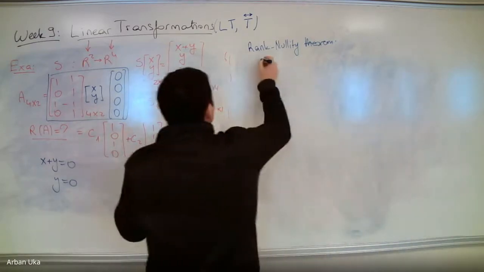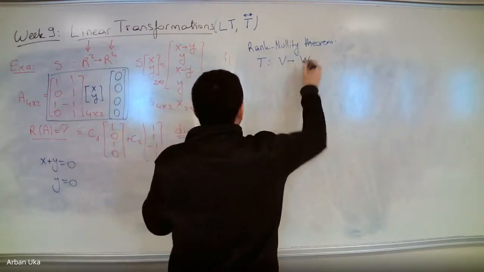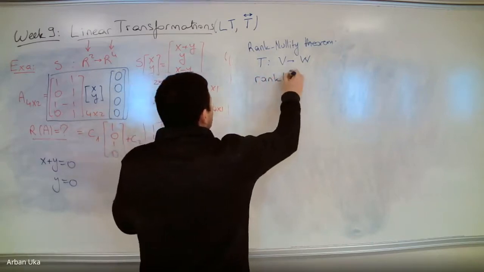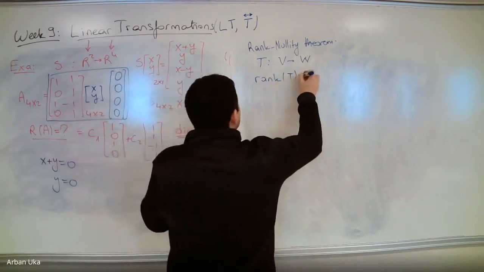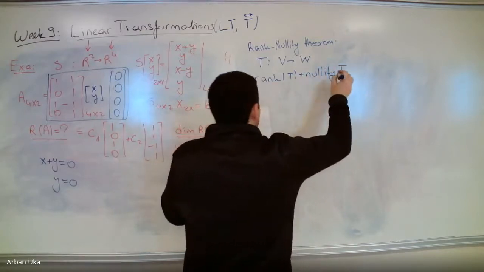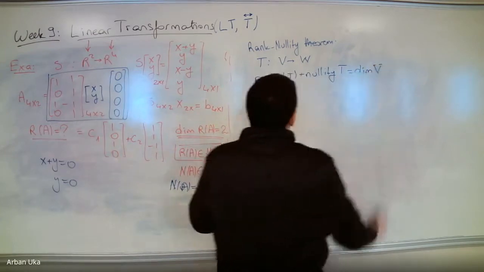Here we can say that for any linear transformation T, which goes from V to W, the rank of the linear transformation T plus the nullity of T is equal to the dimension of V, okay?